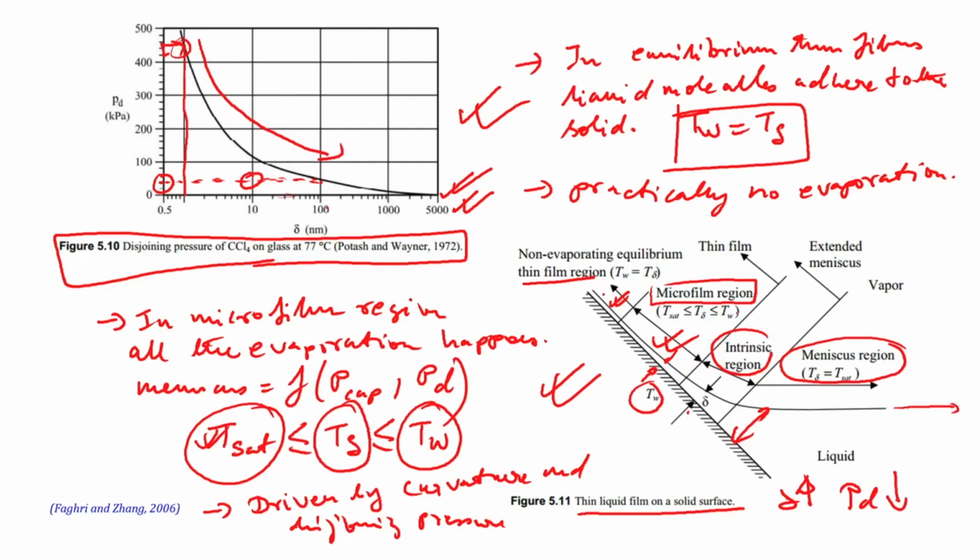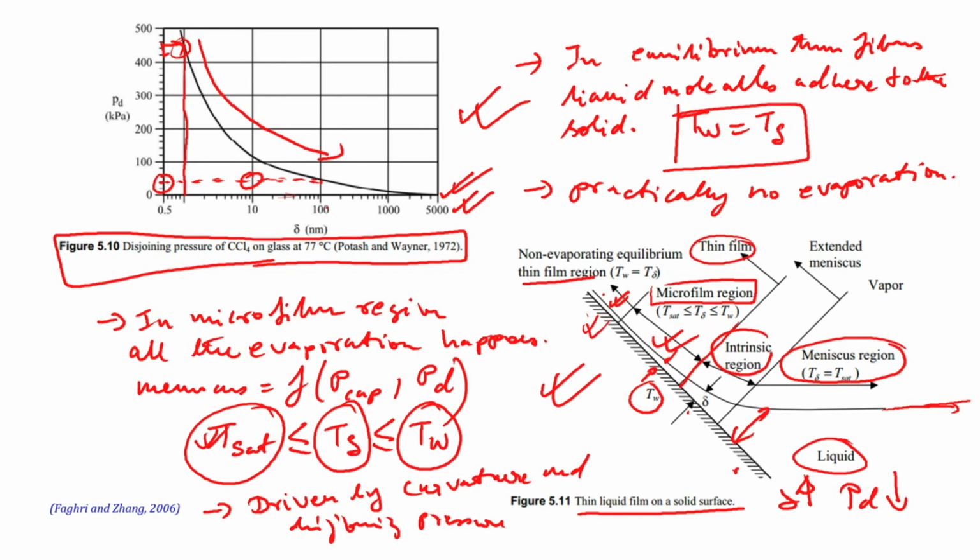If you recall this part of the presentation, there was a liquid which wetted a wall over here, this is the wall, and after this the liquid basically continues. So it completely wets the surface, like an extended meniscus. Up to this region, from this region onwards, it is called the thin film region, okay.